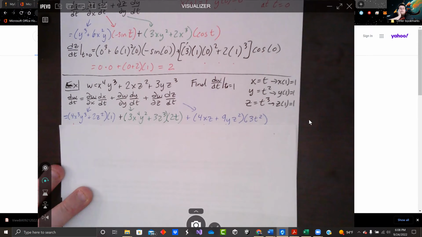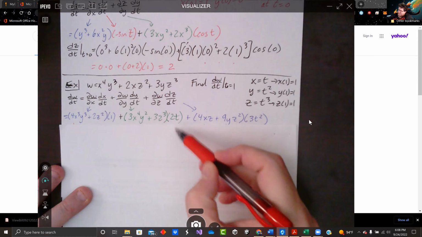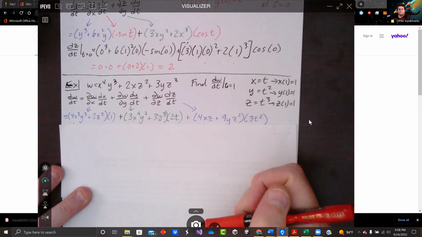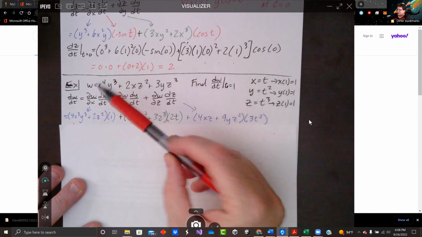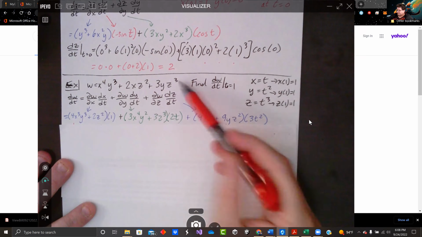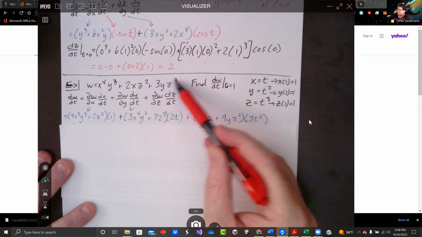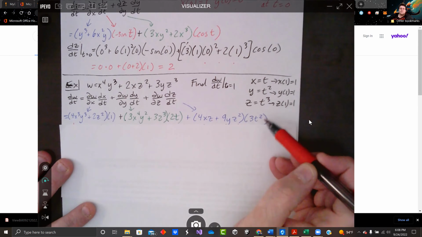Then I have my partial of w with respect to y is 3x to the 4th y squared plus 3z cubed. Our dy dt, t squared goes down to 2t. And we have the partial of w with respect to z. That component goes away. I've got 4xz. Bring the 3 down. I've got 9yz squared. And the derivative of t cubed is 3t squared.